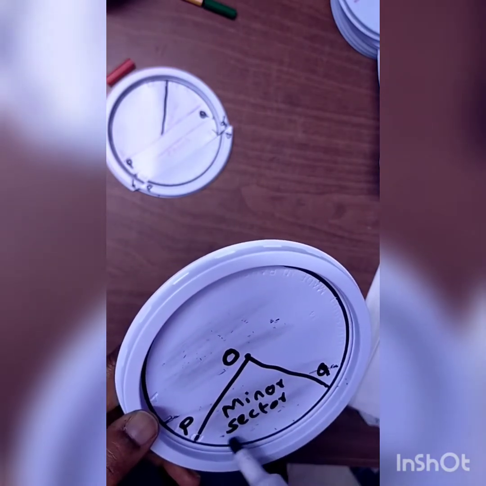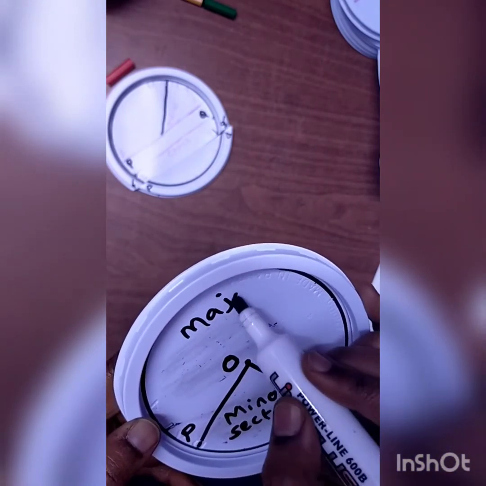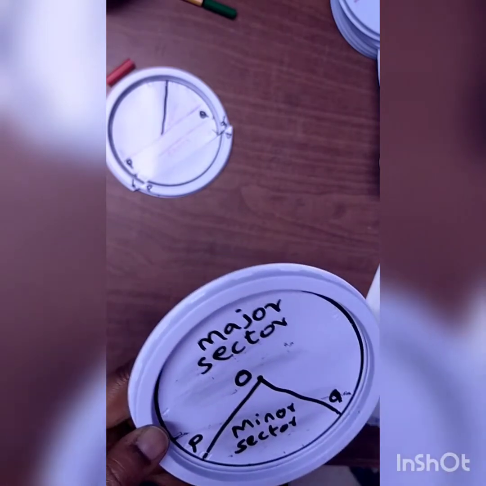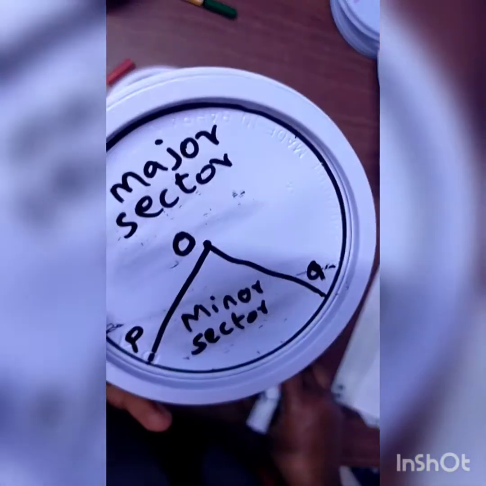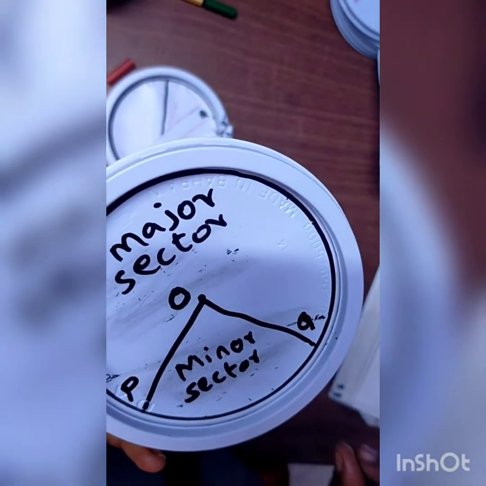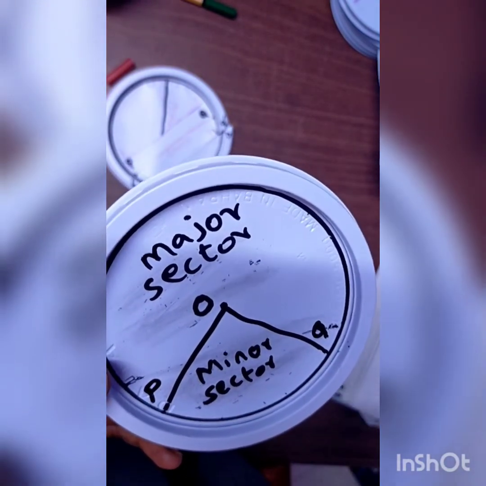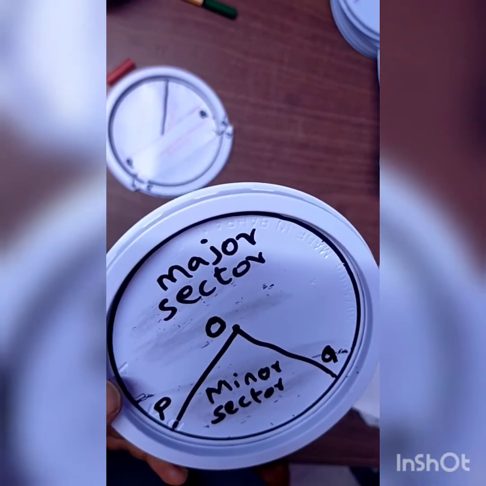So this part is named as minor sector, and the other part is known as major sector. So you should be very clear with the concept, children. What is a segment? Minor segment, major segment. And what is a sector? And minor sector and major sector.